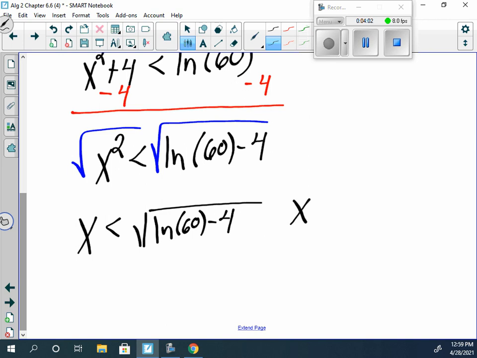Now, because we have an inequality, the negative case, we have to change the sign. Because if we multiply or divide both sides by a negative, you have to flip the inequality sign. That's what we would have to be doing here.